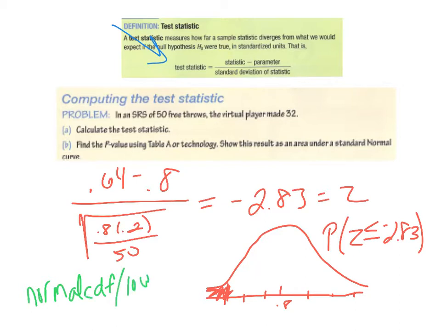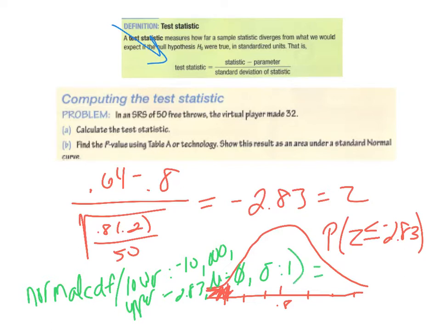My lower bound is something really low, my upper is negative 2.83, and because this is a standard normal curve, my mean is 0 and my standard deviation is 1. That gives me 0.0023. That 0.0023 is my p-value, the probability of this shaded little area right there.